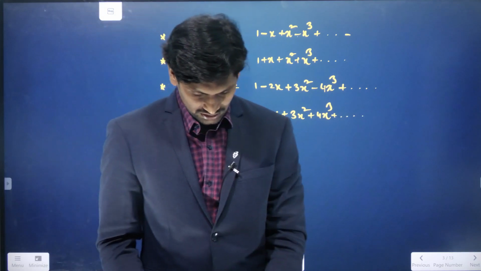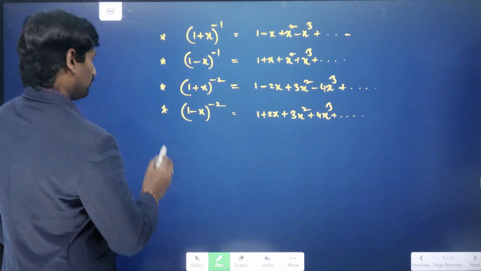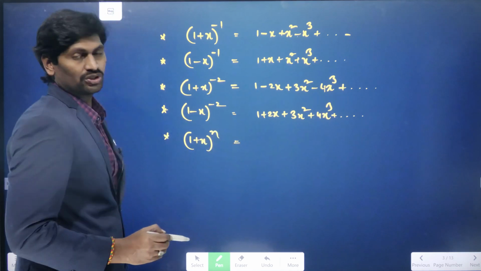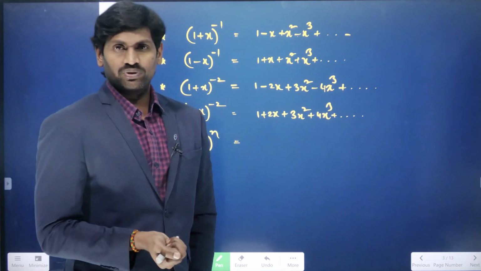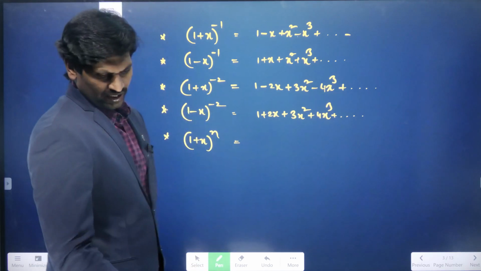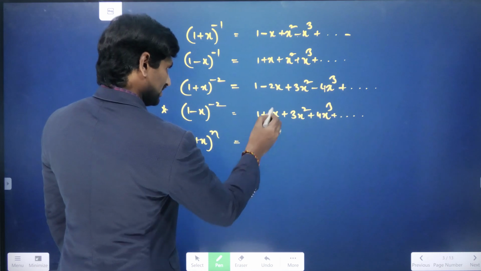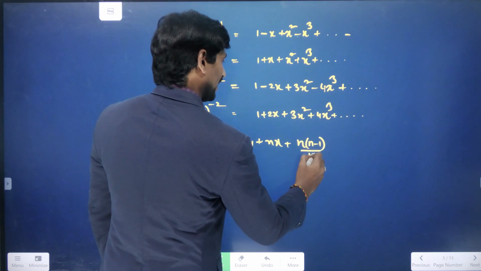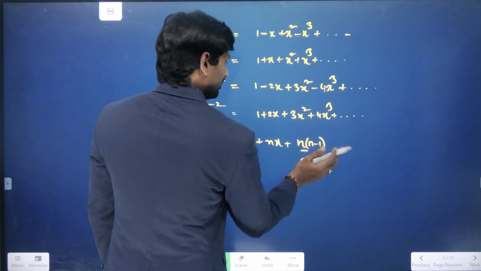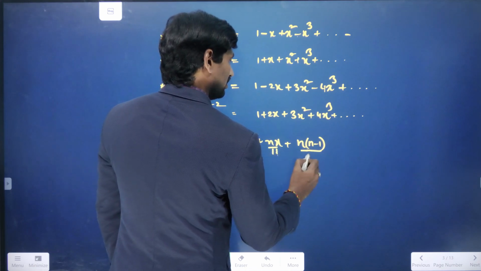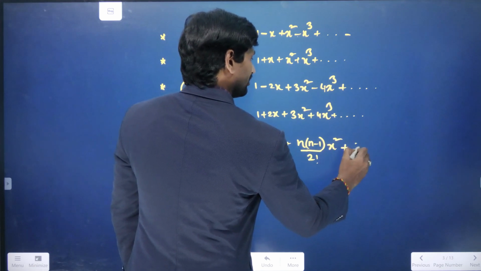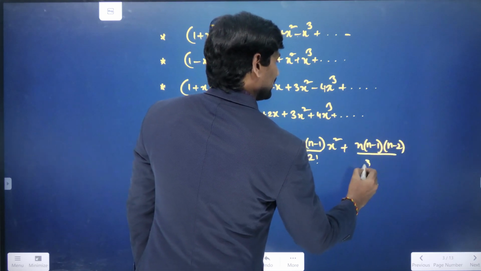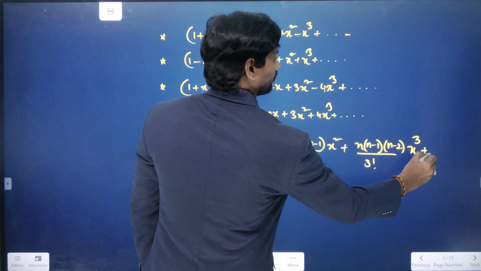Okay, right. Now in the same way, how can we write 1 plus x whole to the power of n, where n must be a fractional number or a negative number? Its expansion will be 1 plus nx plus n into n minus 1 by 2 factorial into x square plus n into n minus 1 into n minus 2 by 3 factorial into x cube plus and so on.